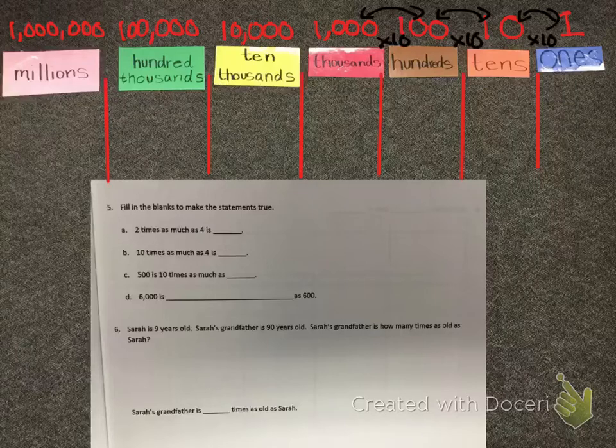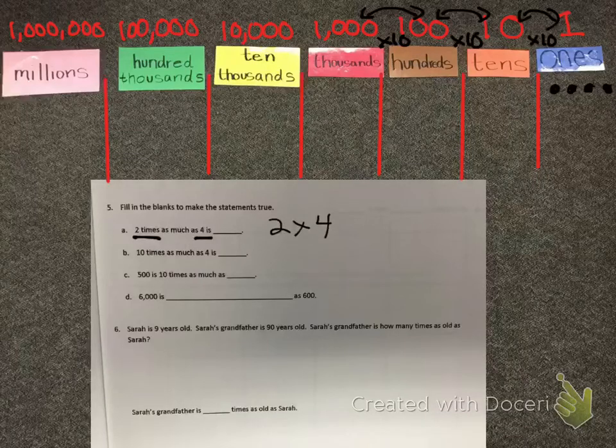All right, let's look at this one. 2 times as much as 4. So when we have 2 times as much as 4, that means that we're going to have 4 ones in the ones place. So there we go. We're not going to bundle here. This is a simple multiplication problem where you have 2 times 4.